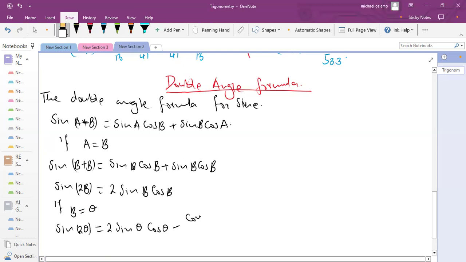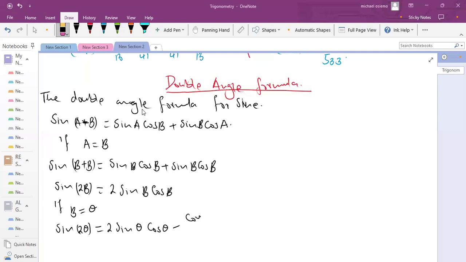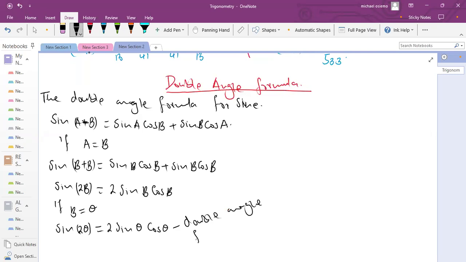This is the double angle formula for sine.